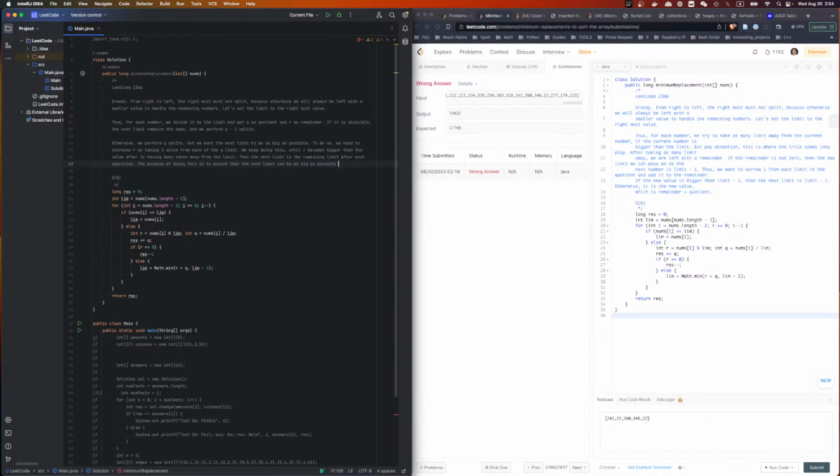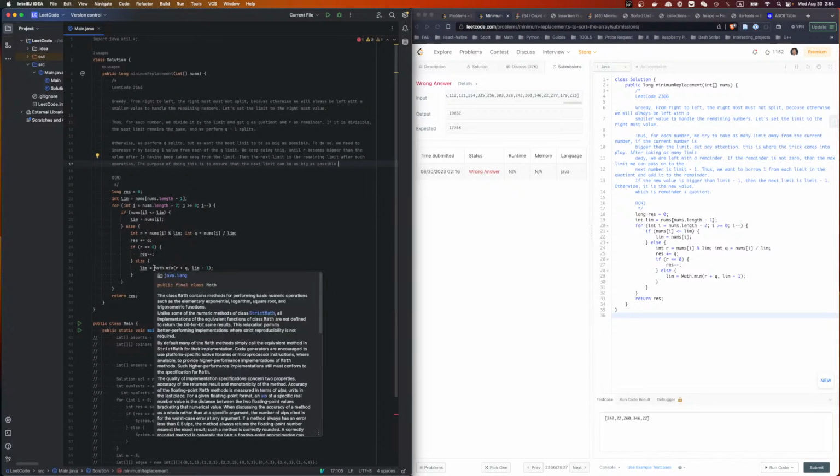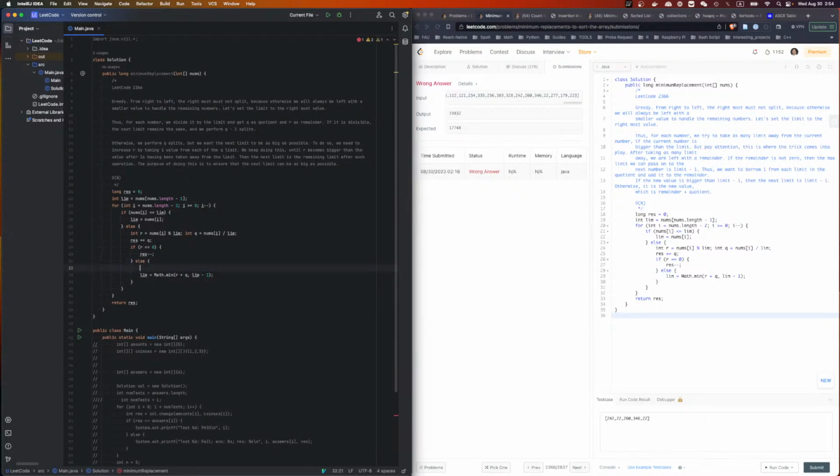All right, so with this in mind, we'll still do this. So what we need to do is to find out what the number of times it's going to be.